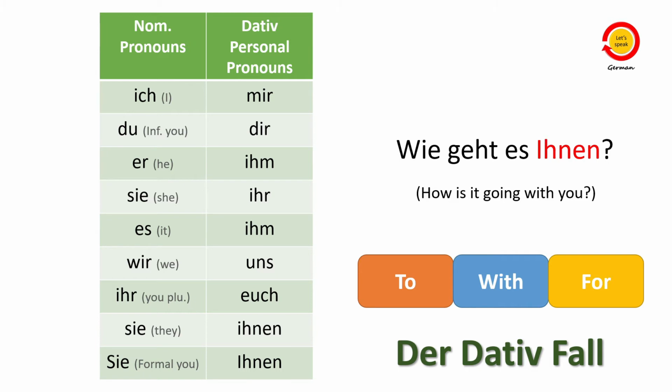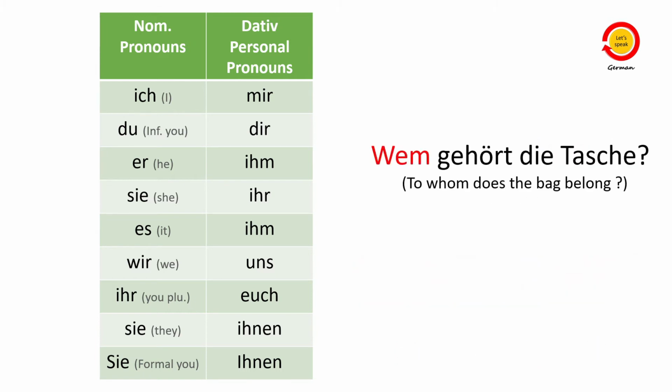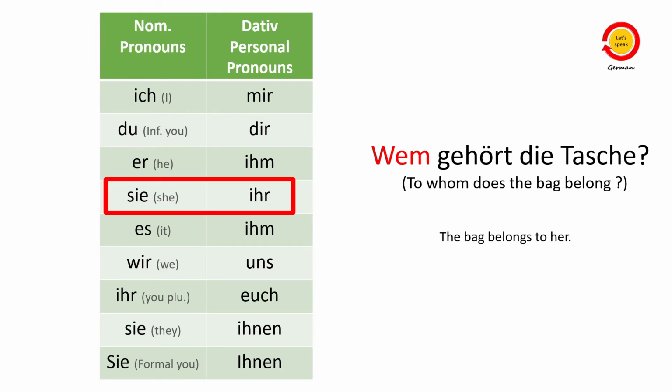Zum Beispiel, or for example, wem gehört die Tasche? If the answer is the bag belongs to her, here, to her gives the hint that it is in dative case. From the table, her corresponds to the sie part of the table, so the dative personal pronoun is ihr.